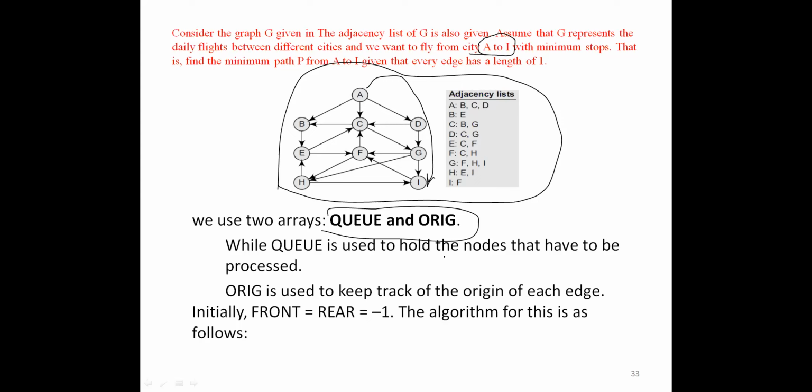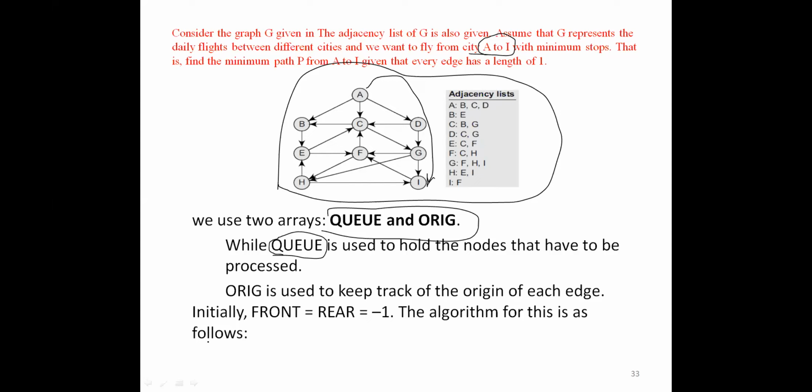Q is used to hold the nodes that have to be processed. The nodes in the queue will be in the waiting state, which is status 1. Once I dequeue an element, it means that I have visited it.